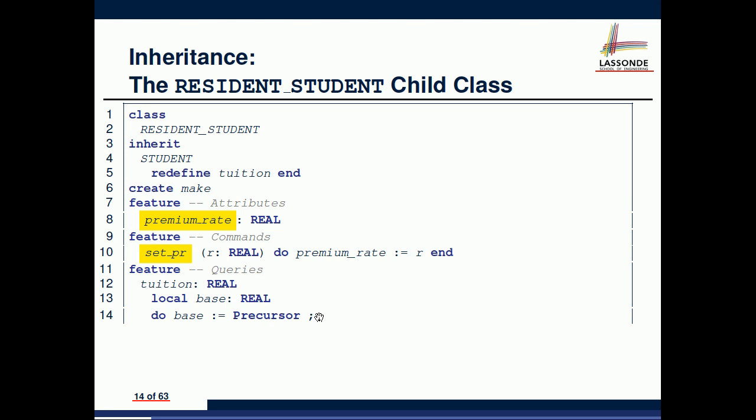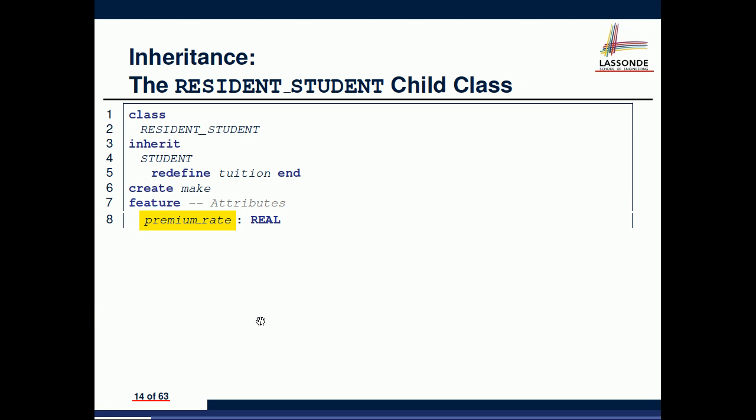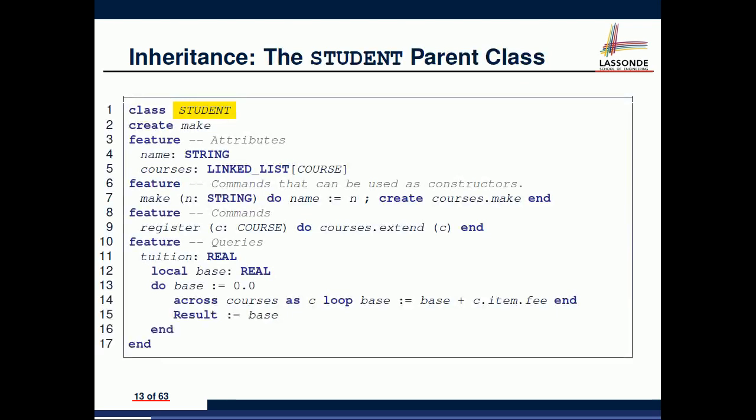Precursor simply means I'm going to call the parent version of this particular query tuition. So Precursor at line number 14 is as if you call exactly this block of code between line number 12 and line number 16 in the parent class.